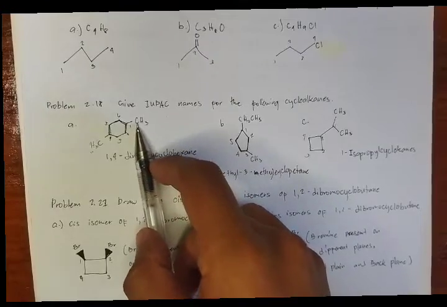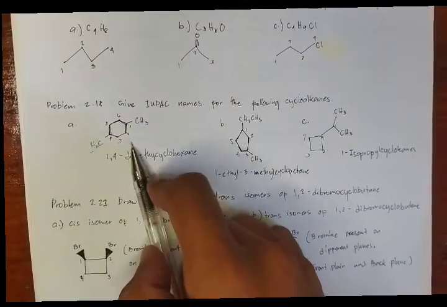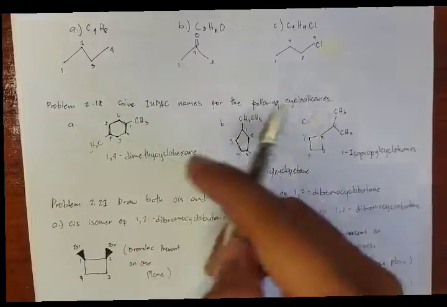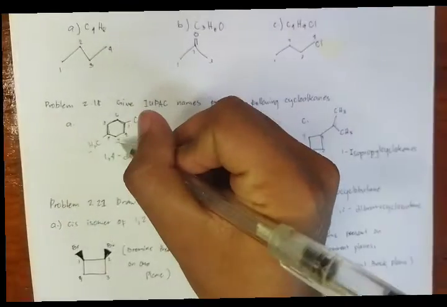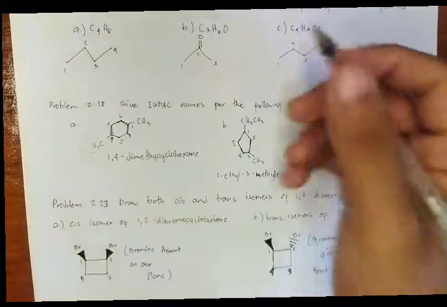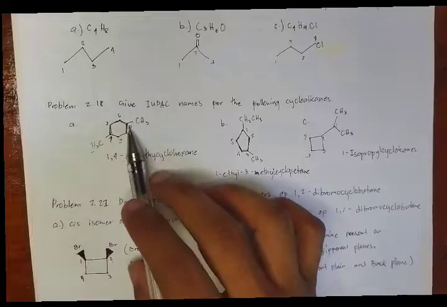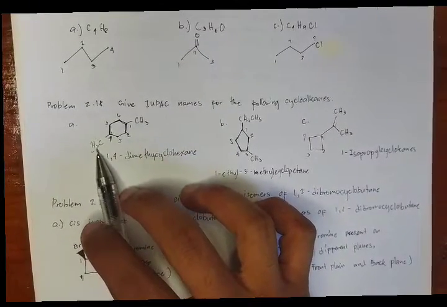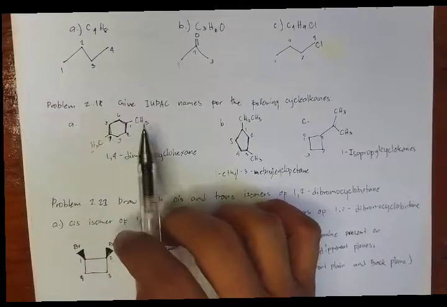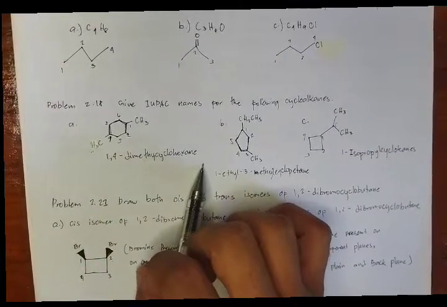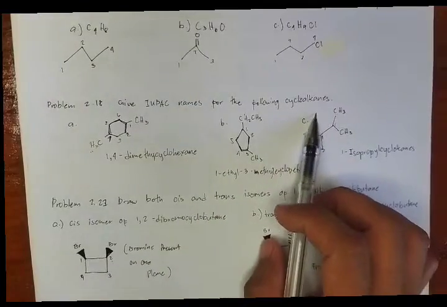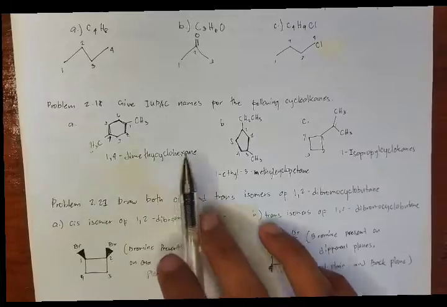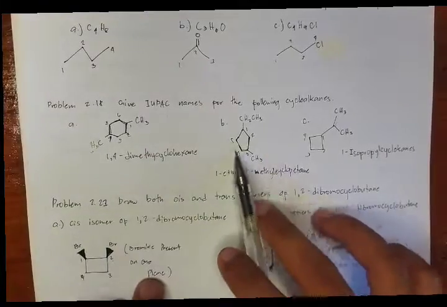We have here CH3, and also CH3; either we can start here with 1 or here with 1. Starting here with 1, we have 2, 3, 4, 5, 6. That means on the first carbon we have a methyl, and on the fourth carbon we have another methyl, so that would be dimethyl. Since there are 6 carbons, that would be hexane, and as a cycloalkane, that would be 1,4-dimethylcyclohexane for the 6 carbon ring.